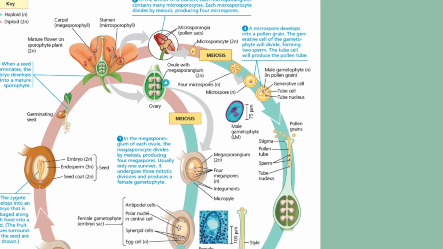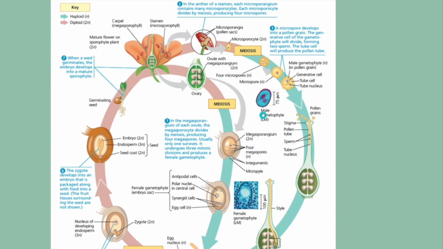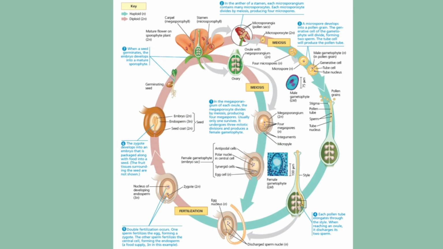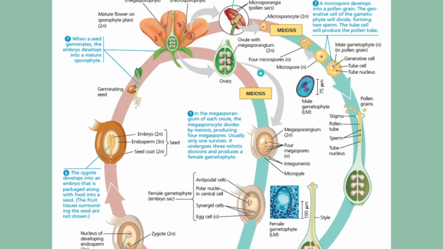They are formed from the megasporangium, and for the male from the microsporangia, which we call the pollen sac. The pollen sac and embryo sac form from the microsporocyte and megasporocyte. You need to know all this in detail.